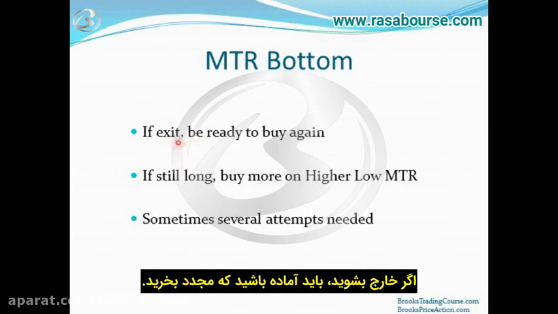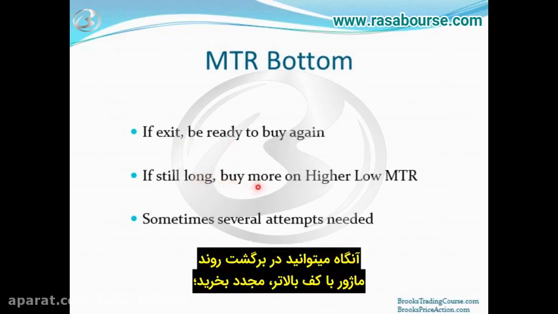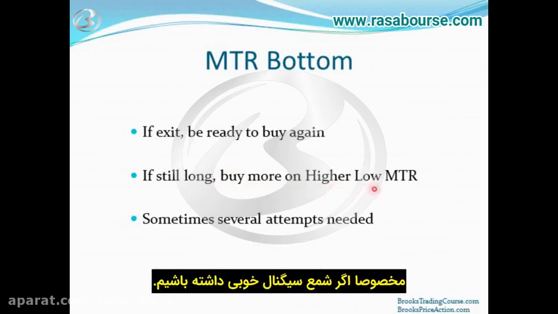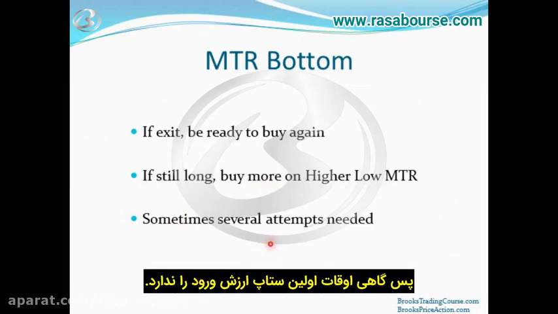If you do exit, you have to be ready to buy again. If you're still long part of your position, you'd look to buy more on a higher low major trend reversal, especially if there's a good signal bar. Sometimes you have to have several attempts before the trend resumes. So sometimes the first setup does not work.